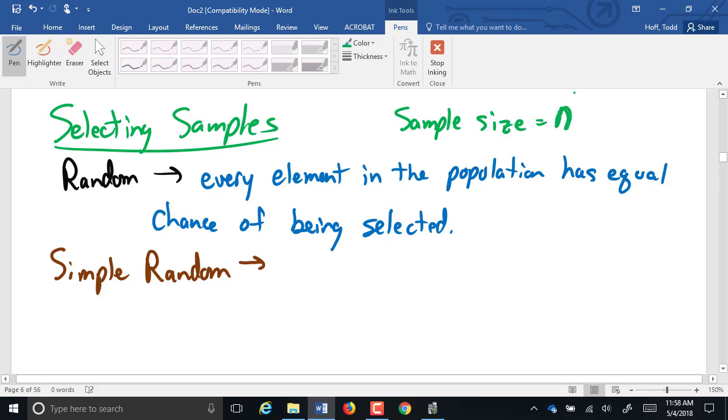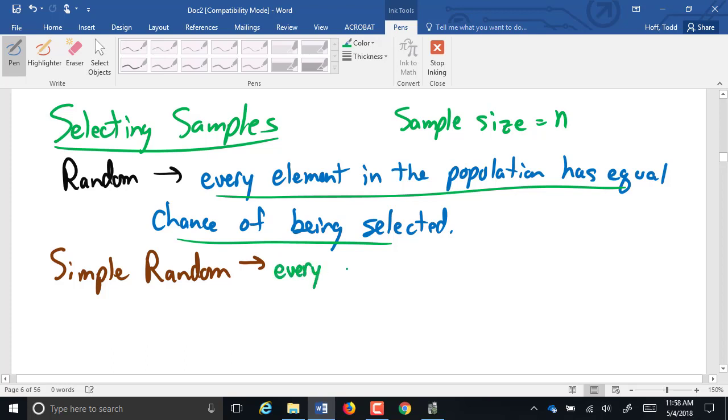So sample size little n. Simple random means not only random, not only does every element in the population have an equal chance of being selected, but every possible sample of size n has equal chance of being selected.